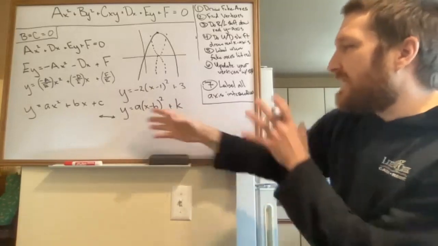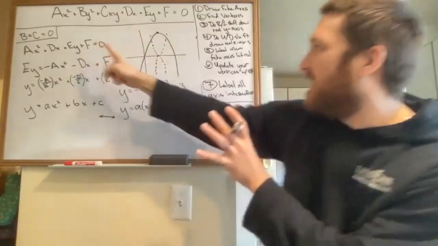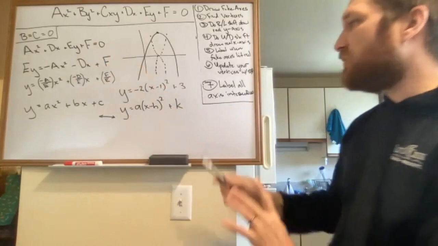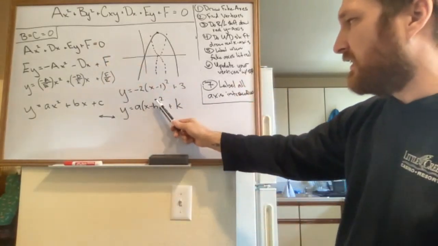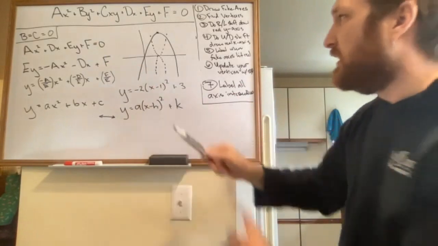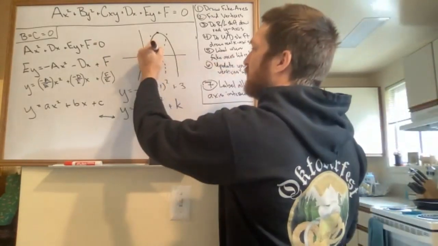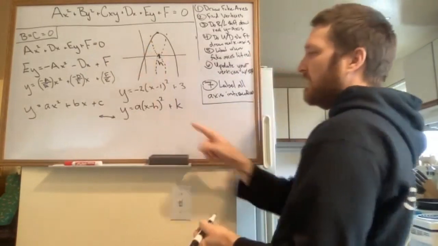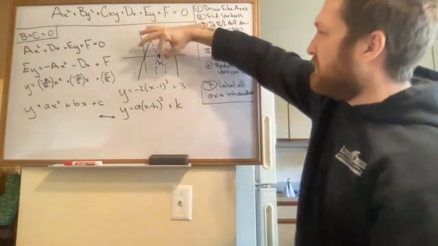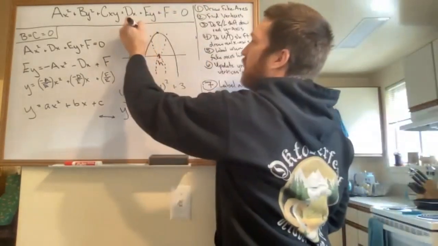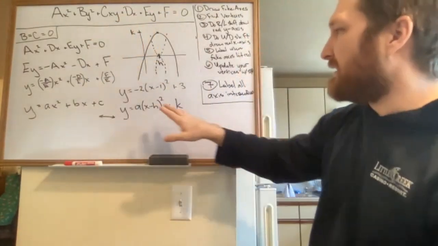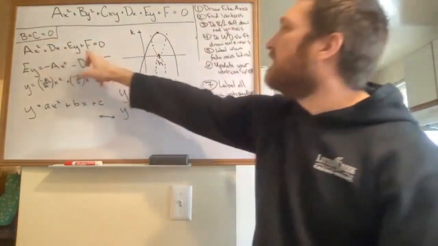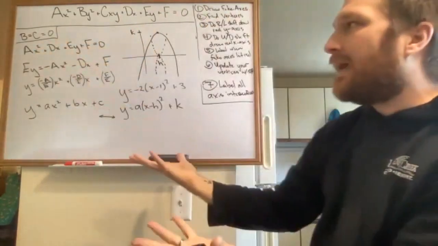Because if you can put it into this form, all the information is contained there. This part, that minus h, tells me how far to go in this direction. There's my h. This part tells me how high up to go. There's my k. We can't see that if it's like this. That form doesn't really help me out.